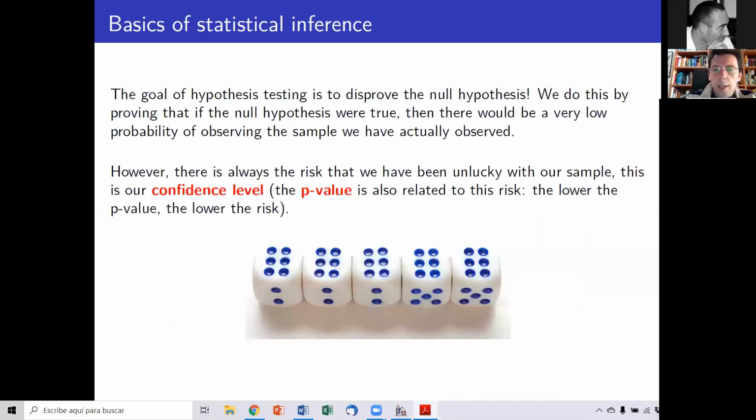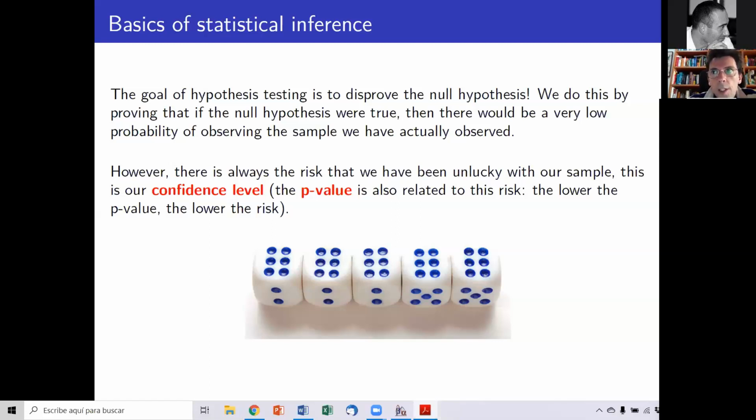Let's say that you have a number of dice. Having a result as extreme as this one, having all 6s, is really unlikely if the null hypothesis is true. The null hypothesis is that the dice is fair, so it is not biased towards 6, for instance.